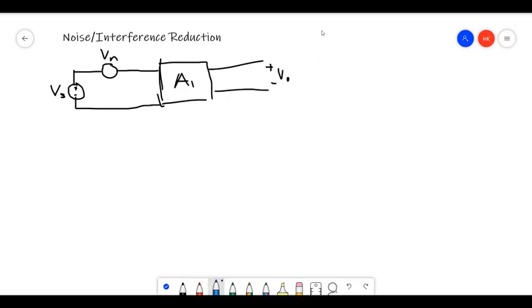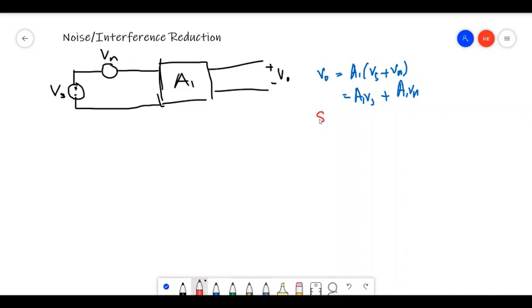In this case we can write the output as A1 times Vs plus Vn. So the output has two parts: A1 times Vs, which is the signal part, and A1 times Vn, which is the noise part.